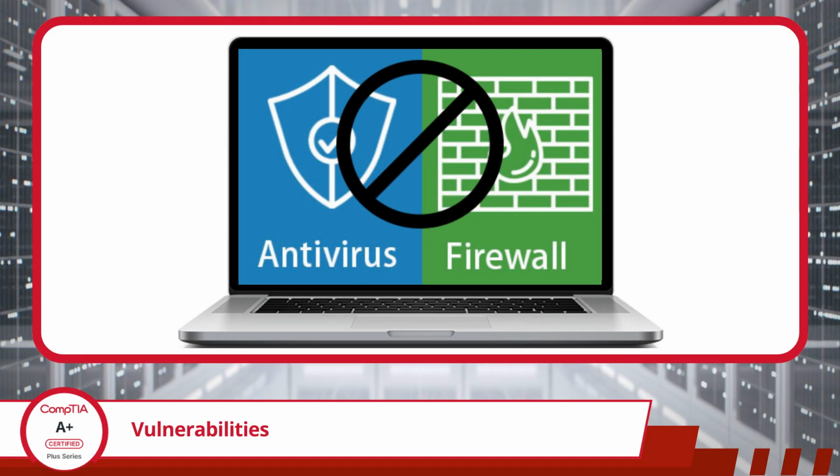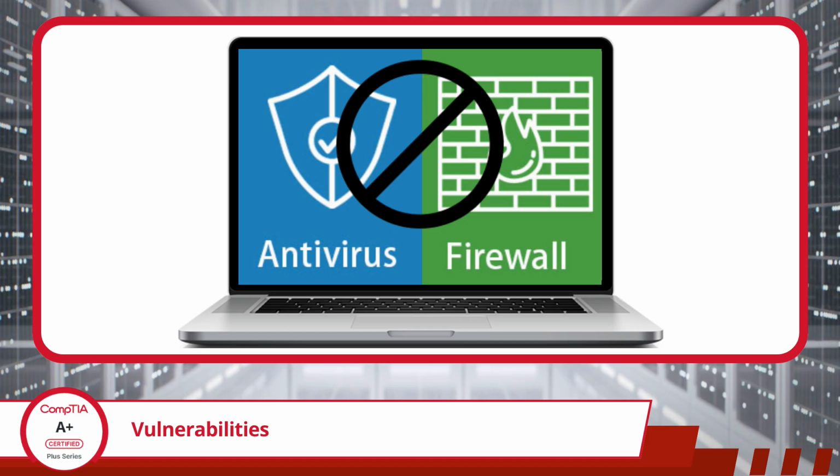Now we can move on to unprotected systems. These are devices running without essential security measures like antivirus software or a firewall. Think of antivirus as your system's immune system, constantly scanning for malicious software. When detected, the antivirus works to neutralize and remove the threat before it can cause any damage.